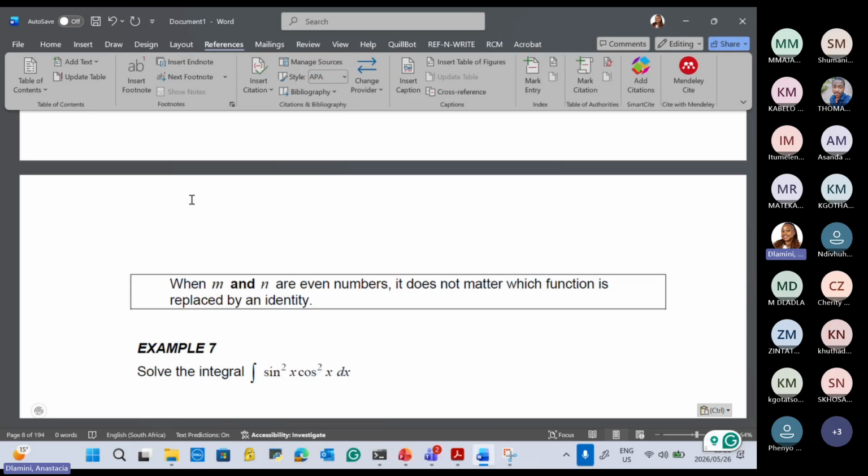So both of them are even. They might not be the same even, one can be 8, one can be 2, but both are even. It does not matter which function is replaced by an identity, period. Does it make sense? Yes.